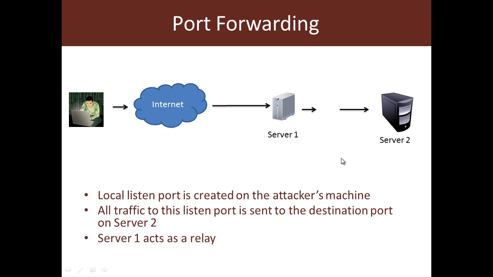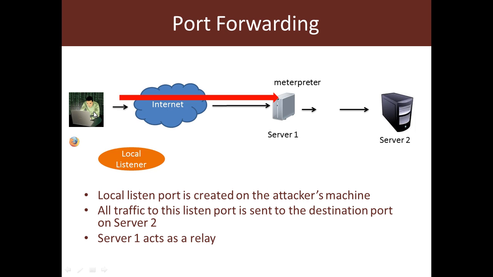Well, very simply, the attacker first breaks into server 1 and establishes a Metasploit session. Then what he ideally wants is to reach a particular port on server 2 so that he can try various activities like surfing an intranet web application, or trying to do some other exploitation for that matter. Now, how would he do that? Well, the first thing we can do with Metasploit, which I'll demo in a minute, is create a local listener on the attacker's machine itself.